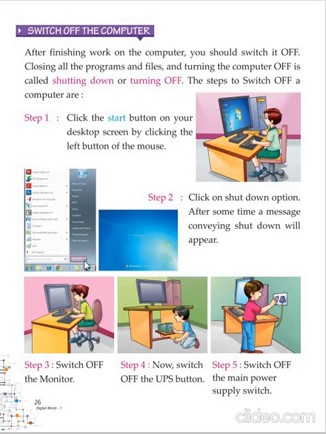Then you have to click on this shutdown option. Then switch off the monitor. Then switch off the UPS button and then at last switch off the main power supply. So remember, for shutting down the computer, you have to follow 5 steps.